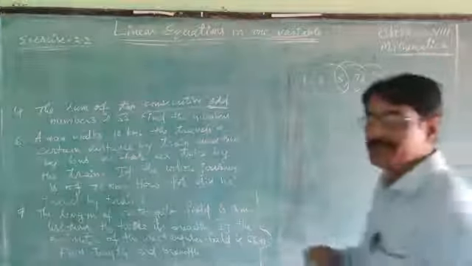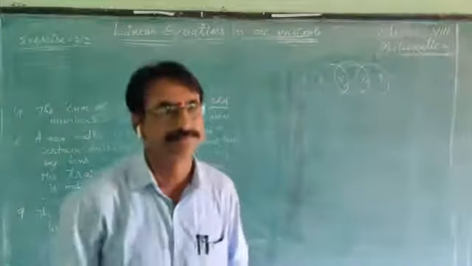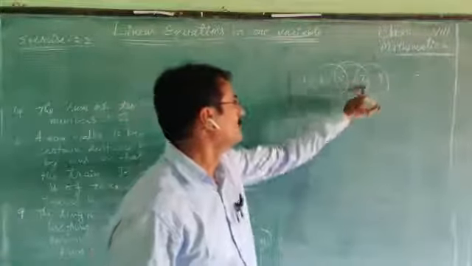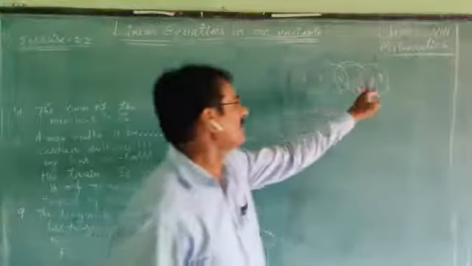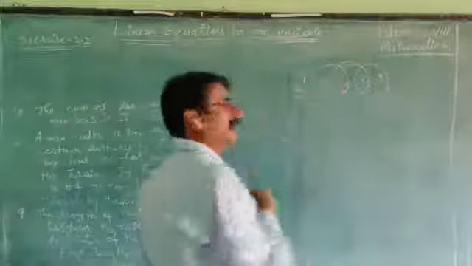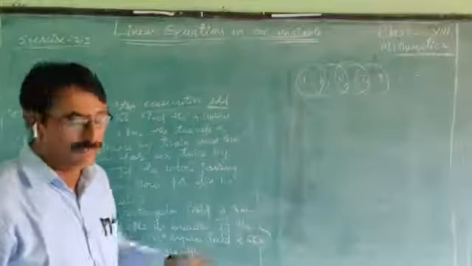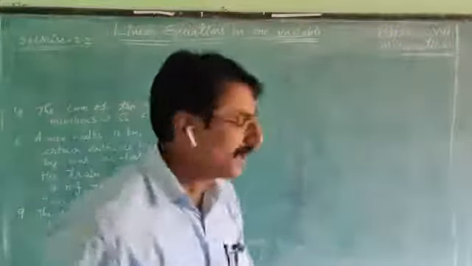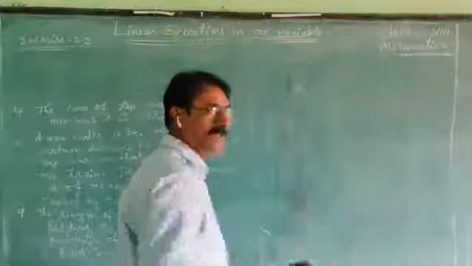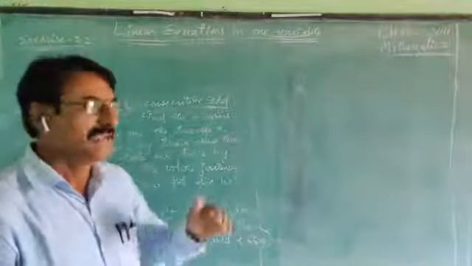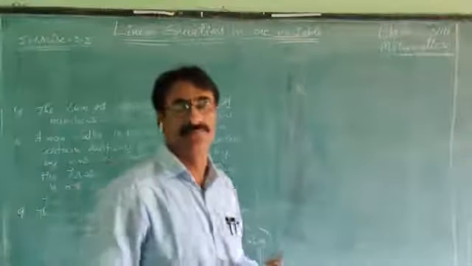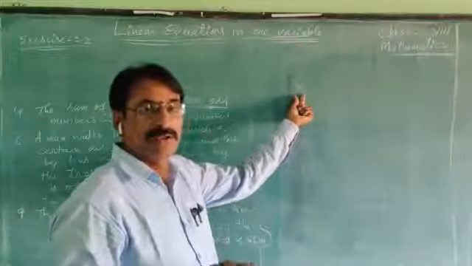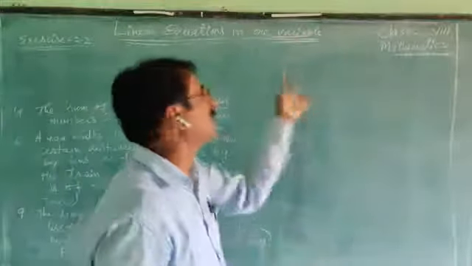You know the difference between them? 2. 3 and 5, difference is 2. 5 and 7, difference is 2. 7 and 9, the difference is also 2. Finally, we conclude that if we take one odd number as x, the next odd number is x plus 2.